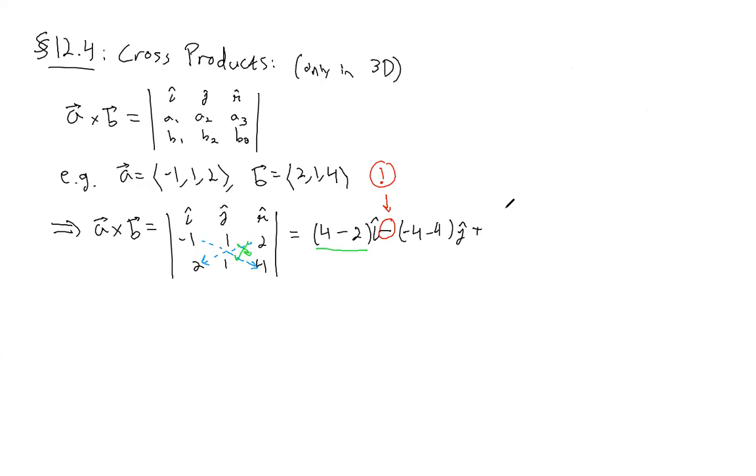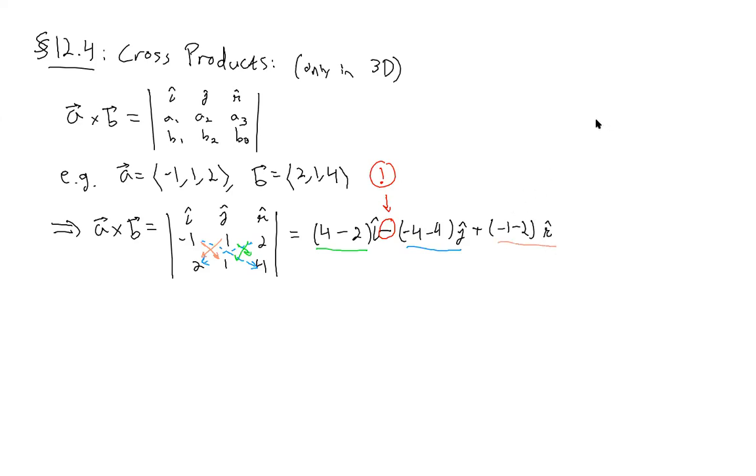Plus, and finally, for the k term, we're going to get -1 minus 2, k. That right there is just coming from the 1 times 1 and minus 1 times 2. So all of this together, just to clean everything up, that's that term, and then there's the last term there.